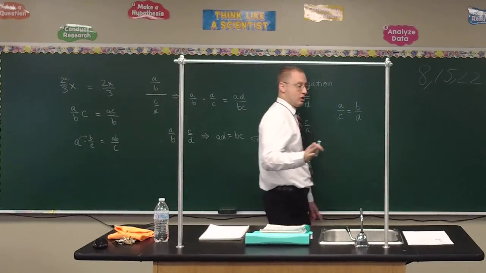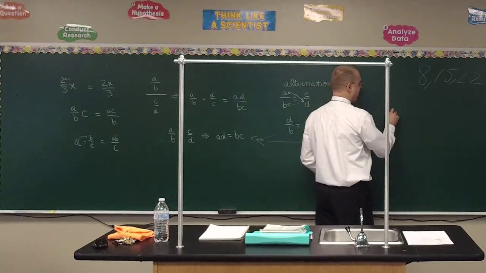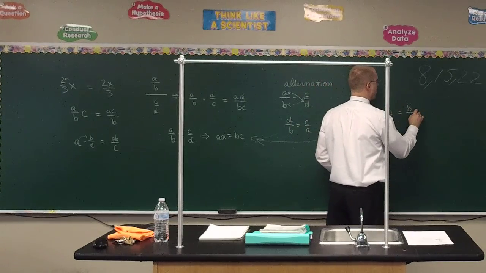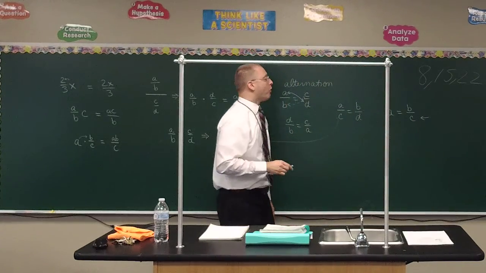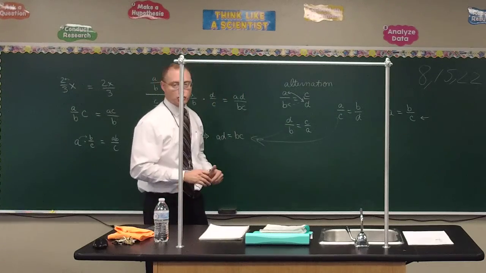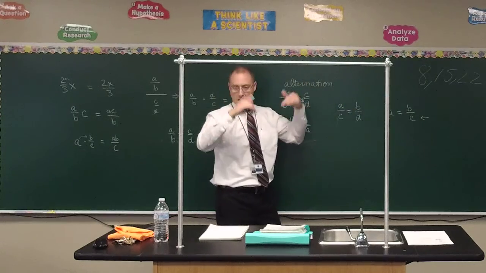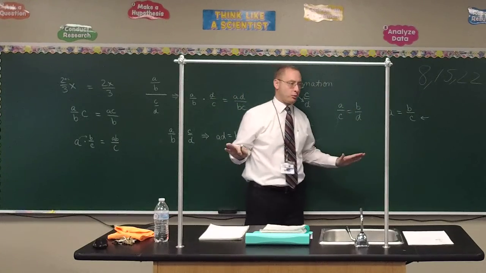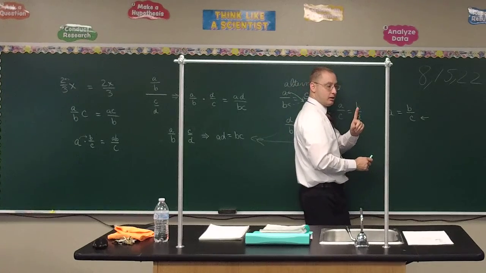For instance, you might remember doing problems like this back in the past. A is equal to B over C, and you were told to get the C by itself. Well, back before the days of geometry class, before learning the alternation transformation, you had to multiply both sides by C and then divide out. Yeah, it was a two-step process. Nothing wrong with it, it works. But watch how it would be quicker.